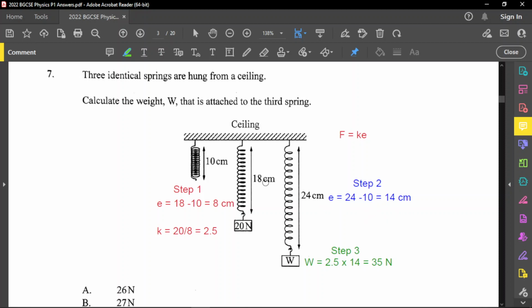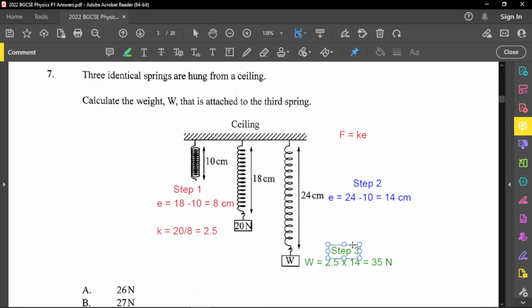There's another way you could do it. You could see how many more centimeters the third spring stretched compared to the second spring, and then add it to the extension here, which is 8. If you look at it carefully, moving from 18 to 24 is actually 6. So if you add 6 to 8, you get 14 as well. So there are 2 ways you can work out the extension.